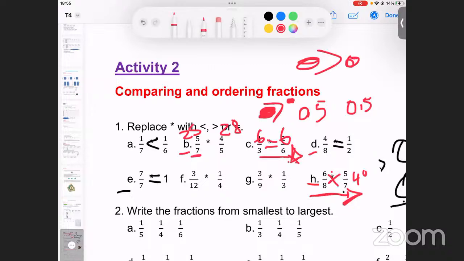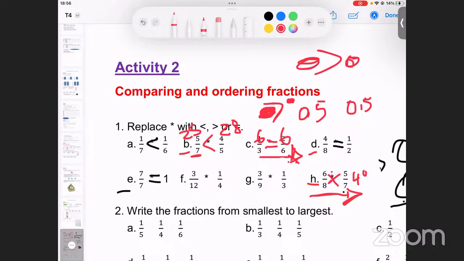Okay, so 5/7 will be on the pointy side. Perfect, perfect. And this is how you do it, right?